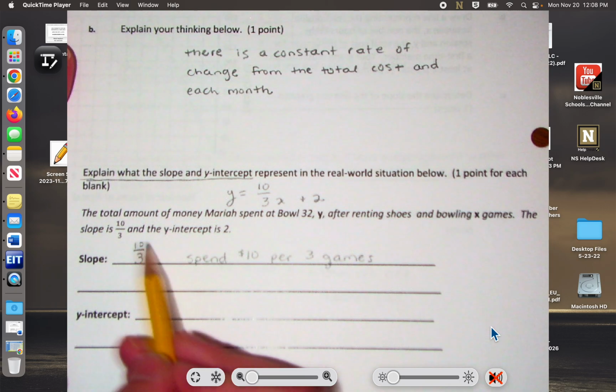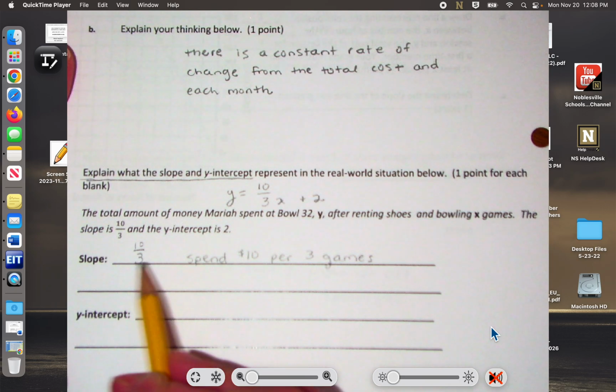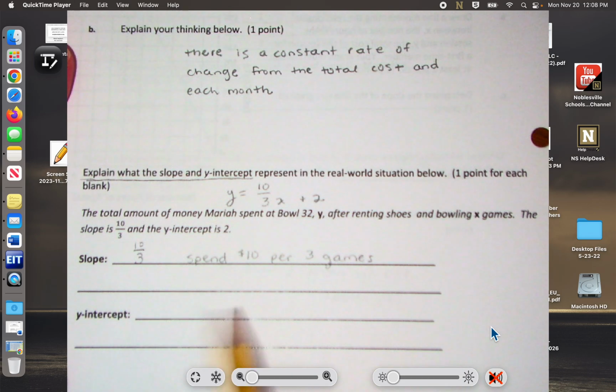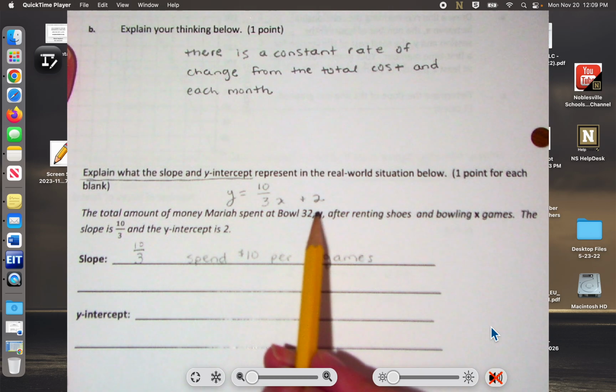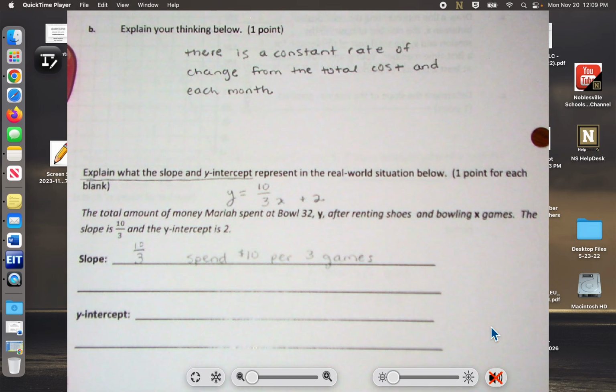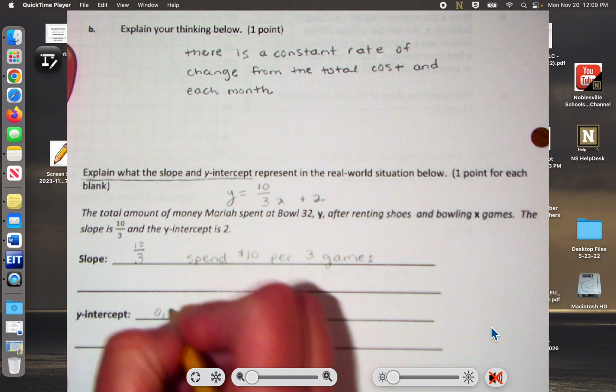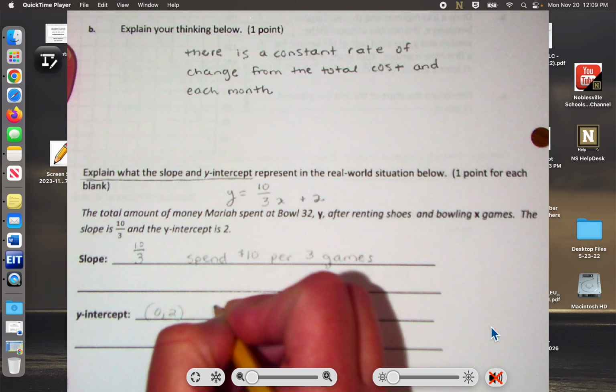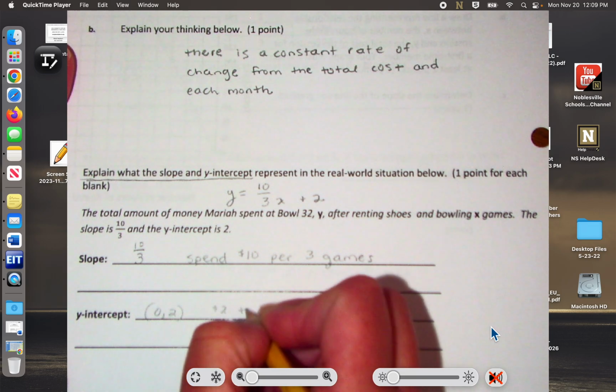Right? The 10 is the money spent. The 3 is the number of games. So $10 per 3 games. So what does that plus 2 stand for? That one-time fee is for what? Renting the shoes. So our y-intercept is (0, 2), and that's $2 to rent the shoes.